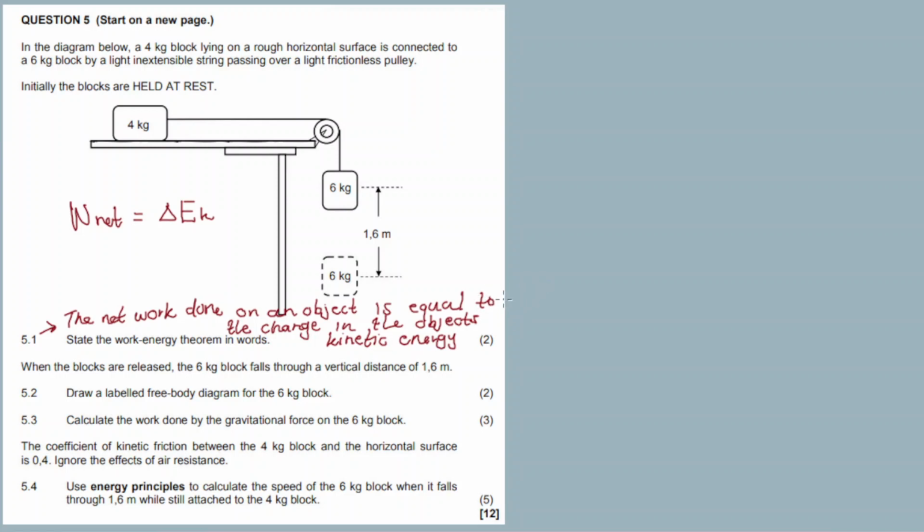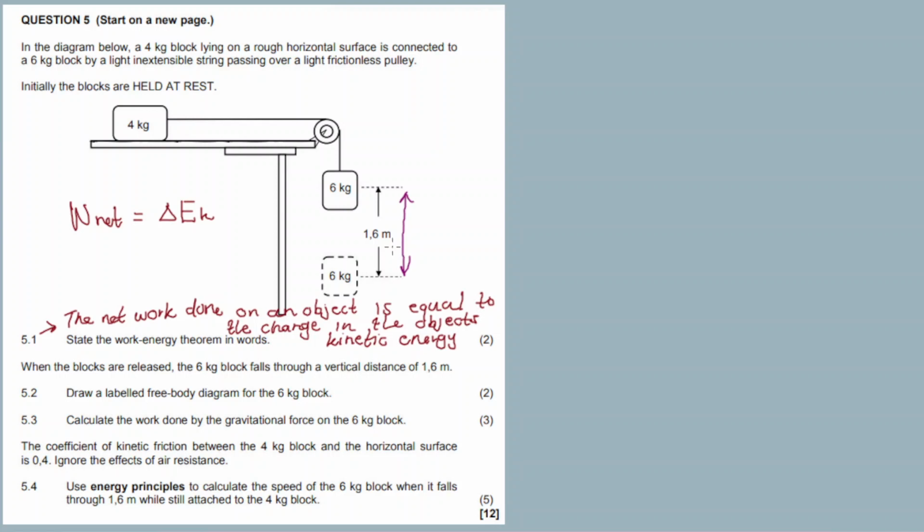Make sure you get them. Then they say when the blocks are released, the 6 kg block falls through a vertical distance of 1.6. Before I go to 5.2, I have a question I'd like you to give some thought. If the 6 kg block moves a vertical distance of 1.6, that's the distance traveled by the 6 kg block.